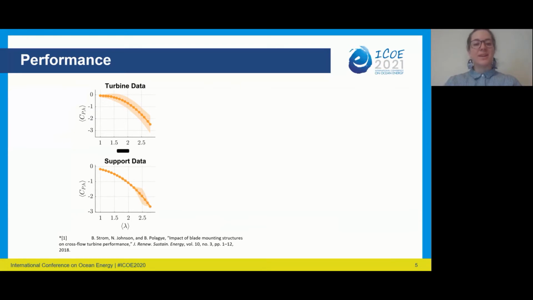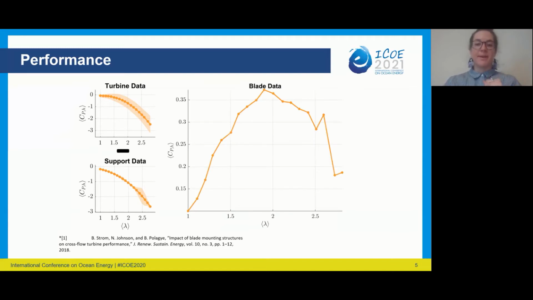And then I can subtract out the effects from the support structure to produce a time average curve for just the blade level performance. And it's from this curve that I determined the two tip speed ratios, which I looked at further with PIV. So the first is a poor performing case, which corresponds to a tip speed ratio of 1.1. And the second is a well-performing case, which corresponds to a tip speed ratio of 1.9.